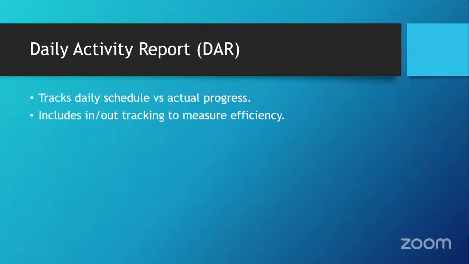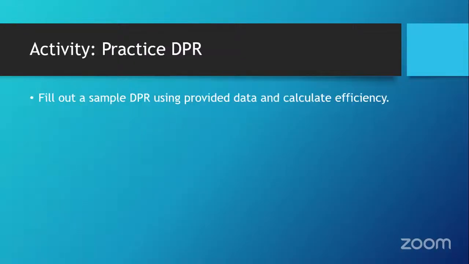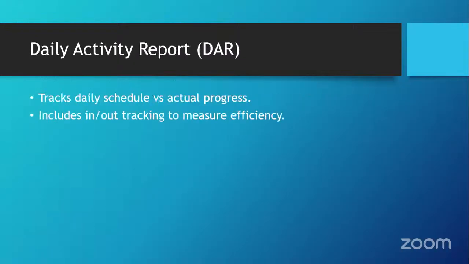Daily activity report tracks daily schedule versus actual progress. Do not forget that the daily activity report is called DAR, while the progress report is DPR. Now we are talking about the daily activity report. Daily schedule means that today I had to attend the session, but somehow I got busy with something else and could not.